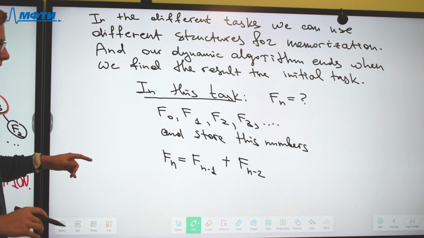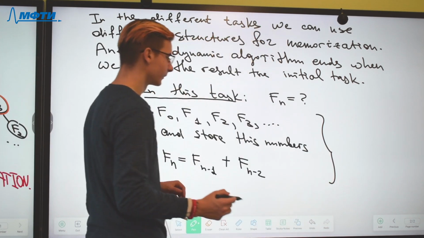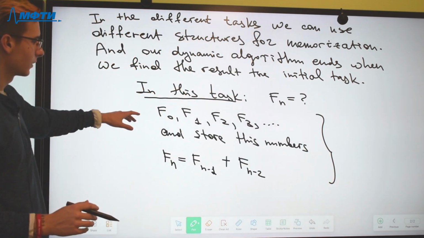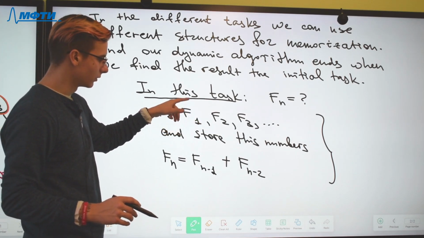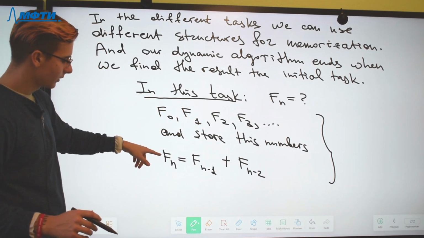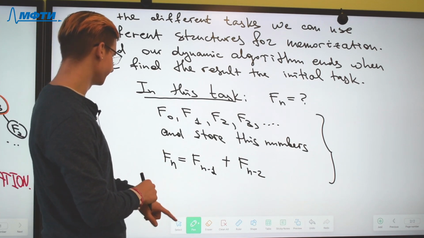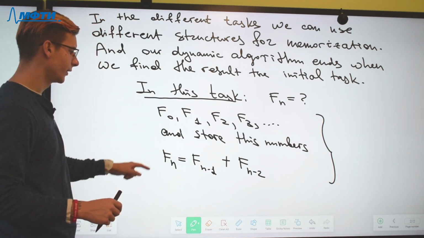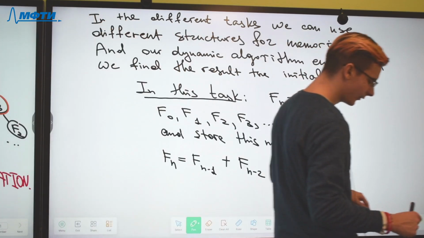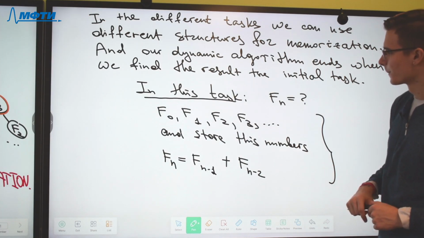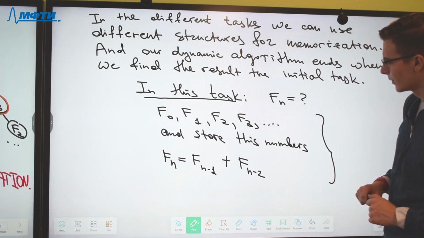So if we see this algorithm, when we find the initial numbers of Fibonacci numbers, then we repeat to find f with index n, we repeat our algorithm, we repeat this formula and find the new number by it.